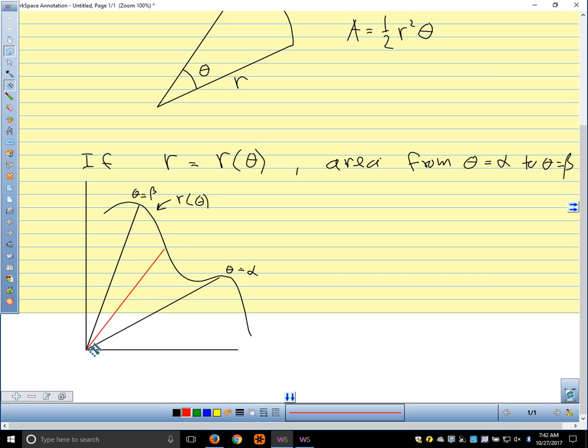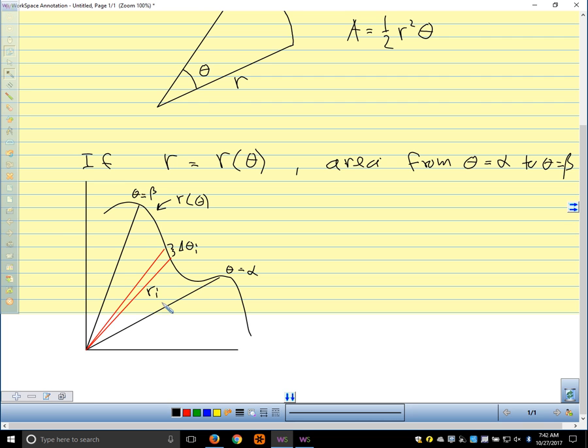We call the angle here delta theta, and the radius here r sub i at theta sub i. Then we add up the areas of these little sectors as we go from theta equals alpha to theta equals beta.